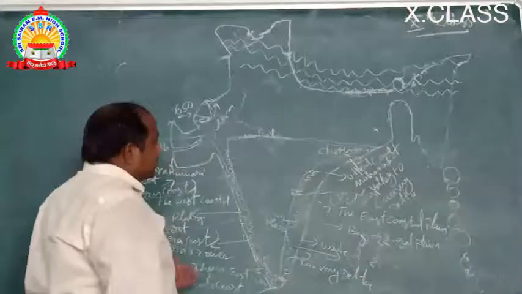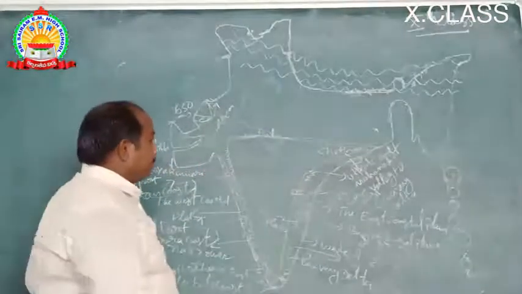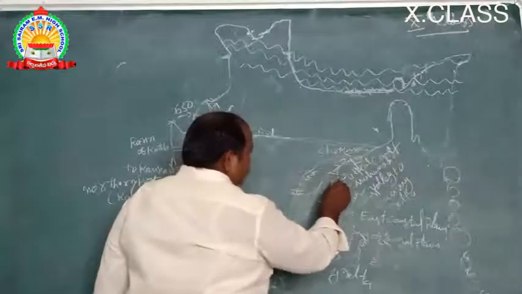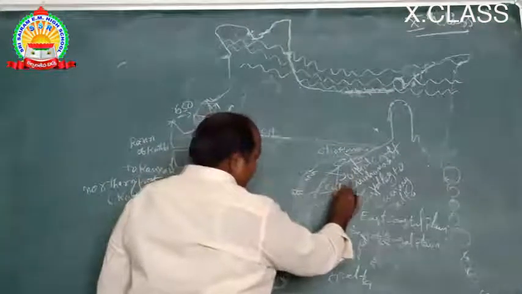There are lakes here. In Odisha, there is Chilka Lake.